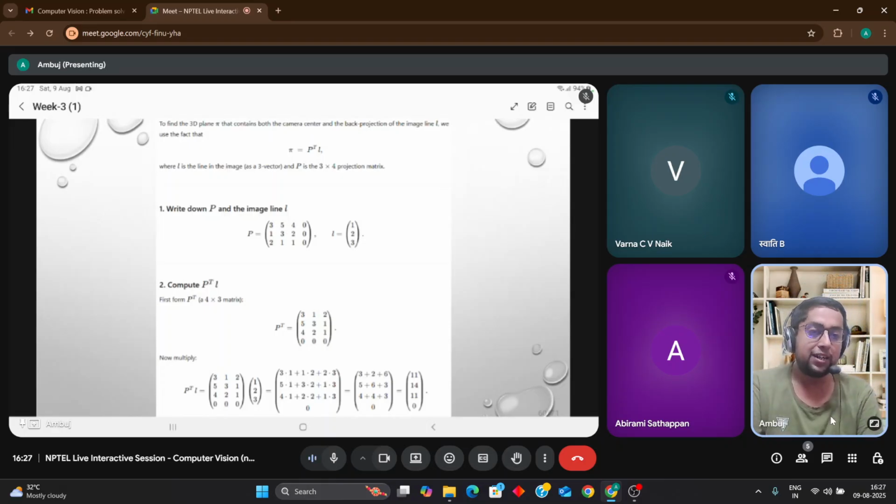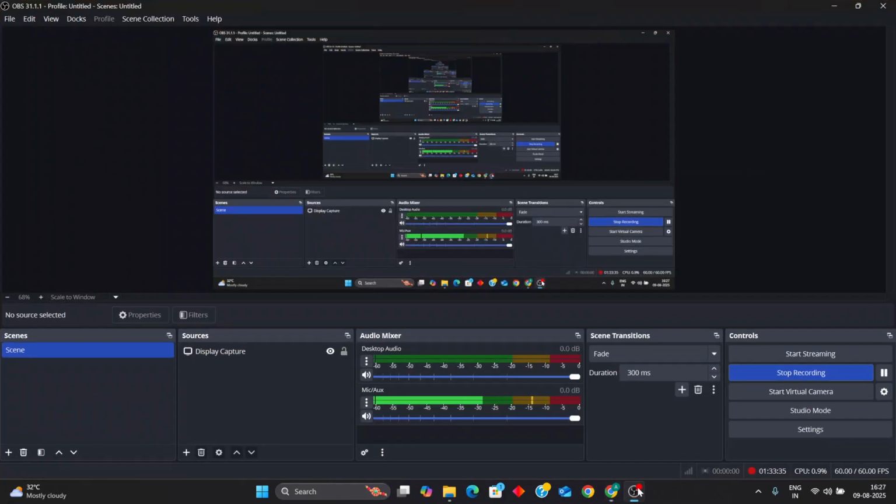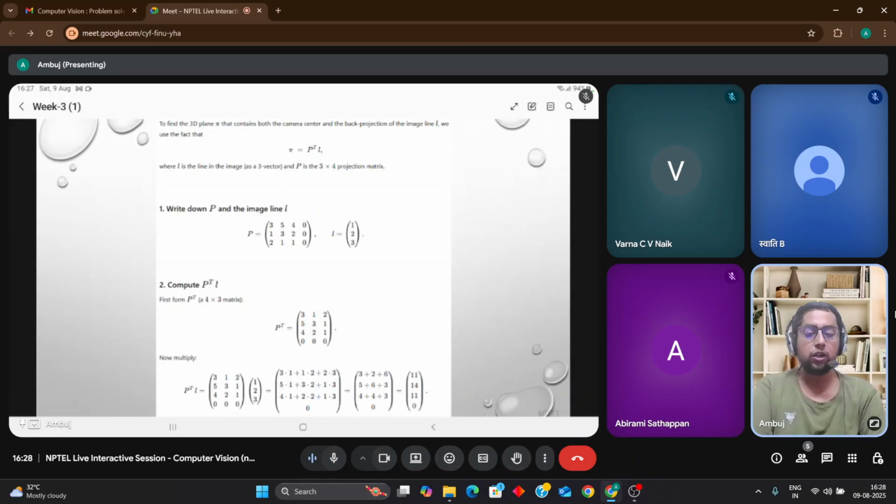To calculate P transpose, you just interchange the rows and columns. Now you multiply it with line L, and you directly get the answer as (11, 14, 11, 0).